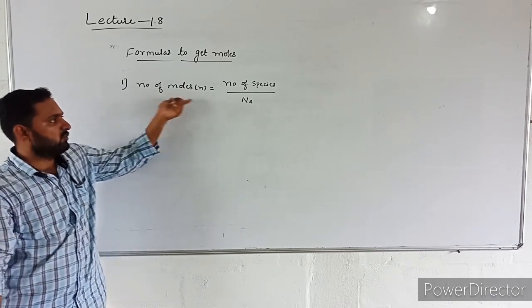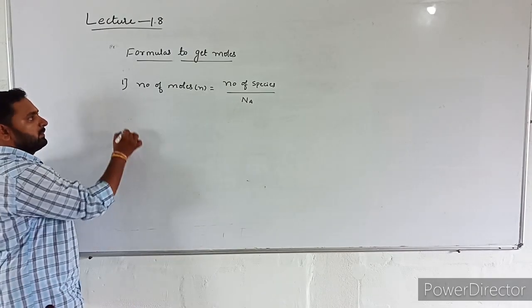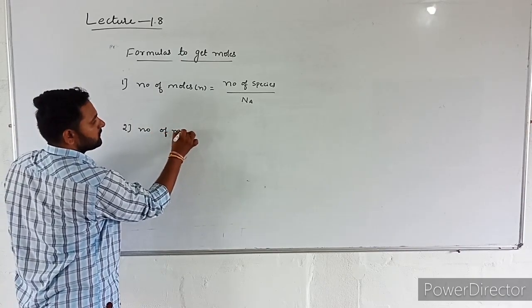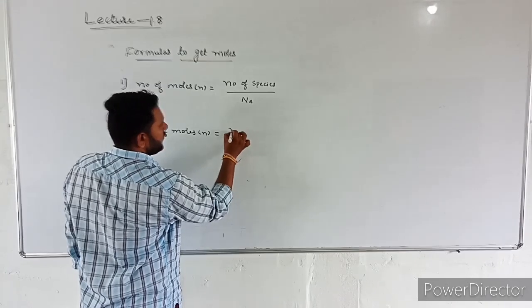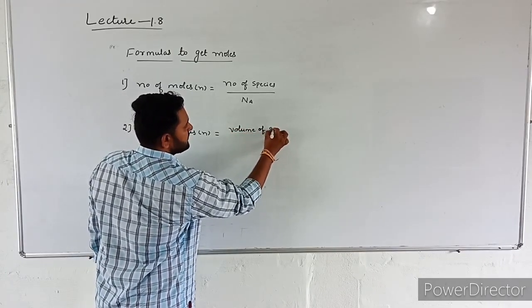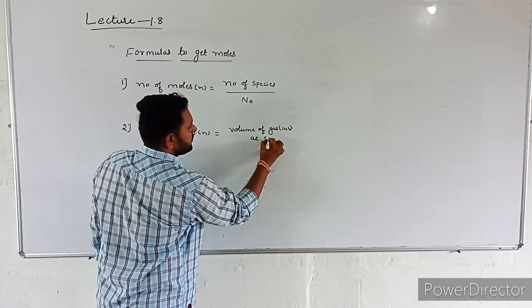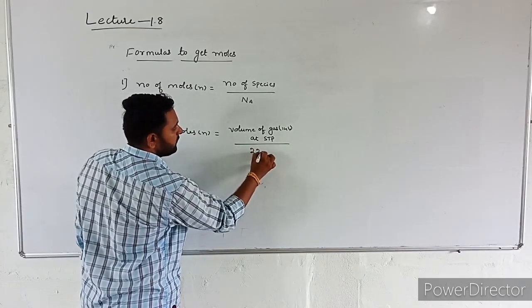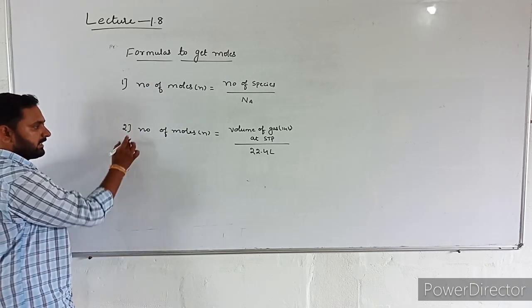The second one: number of moles is equal to volume of gas in liters at STP condition divided by 22.4 liters. This is the second formula.